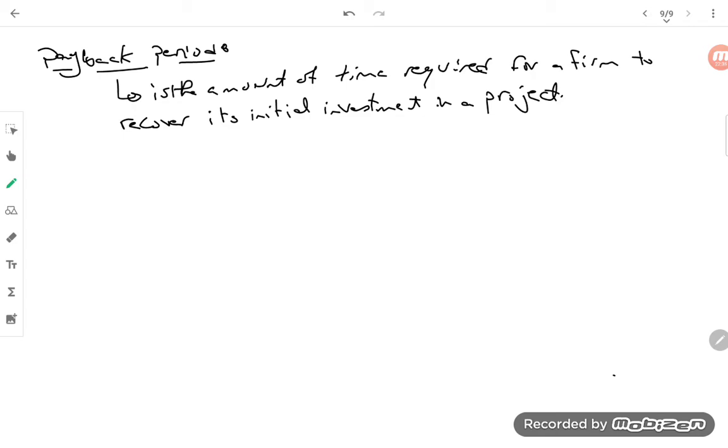The length of the maximum acceptable payback period is determined by management. So this means that we have to compare 2 different time periods. Number 1, the maximum acceptable payback period, which is going to be determined by the management, and the actual payback period, which is going to be calculated from the cash inflows.